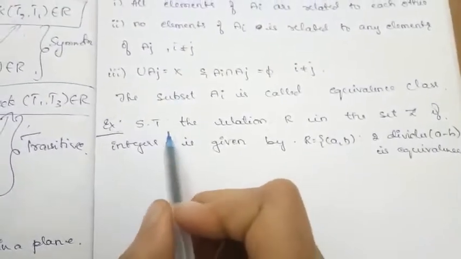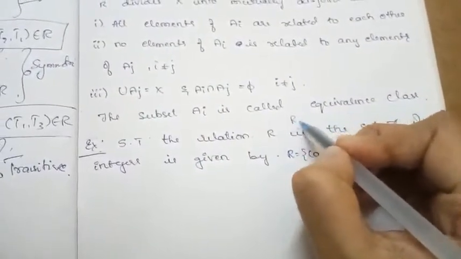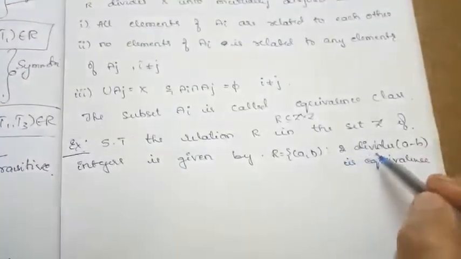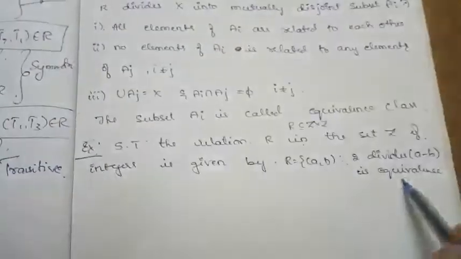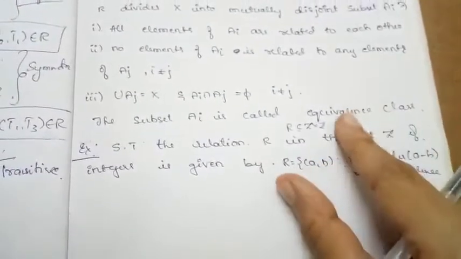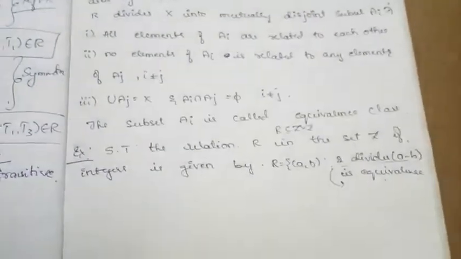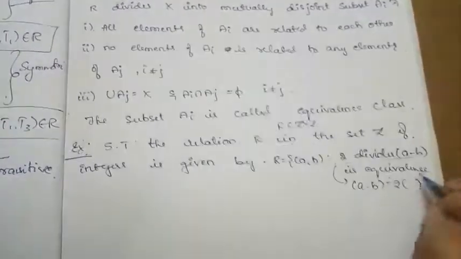The question is: show that the relation R in the set Z of integers is defined on Z cross Z, where Z is the set of integers. The relation is given by (A, B) such that 2 divides A minus B. We need to show that this relation is an equivalence relation, that is, reflexive, symmetric as well as transitive. 2 divides A minus B means A minus B is equal to 2 times some integer.